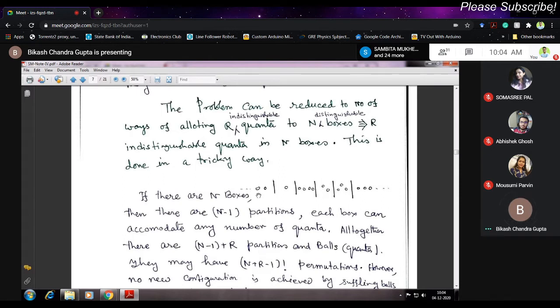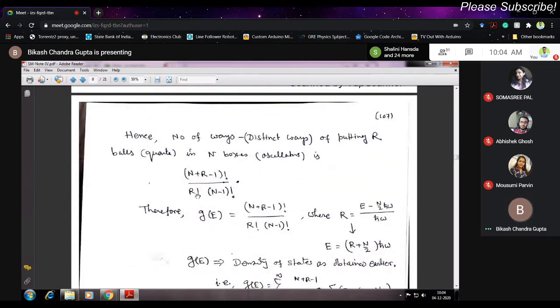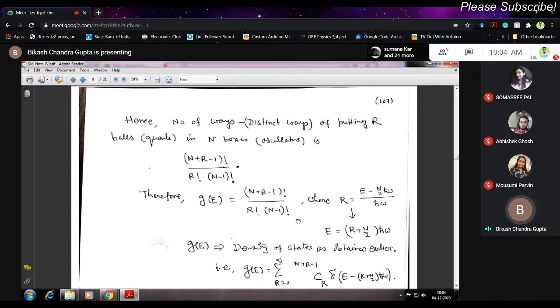Now if you interchange these balls among themselves, it does not give anything new, and also if the partitions are interchanged, that does not give anything new, and that's why you divide that by the number of balls factorial and the number of partitions factorial. So this is the number of ways you can realize the distribution of r phonon quanta in n quantum oscillators. Okay, so then if you know this G of E, where r is the number of quanta, right?